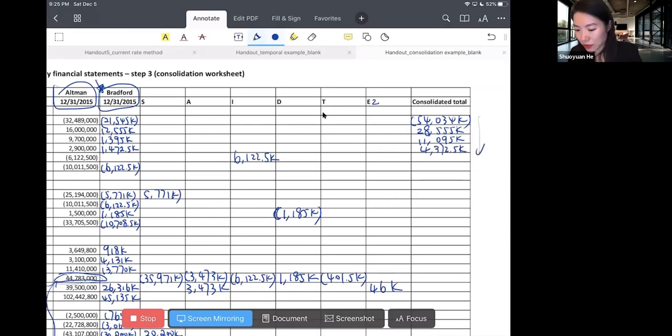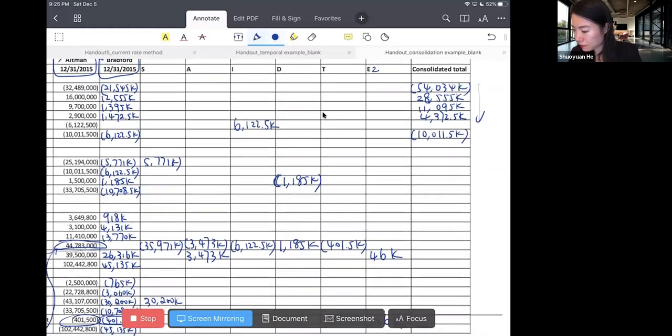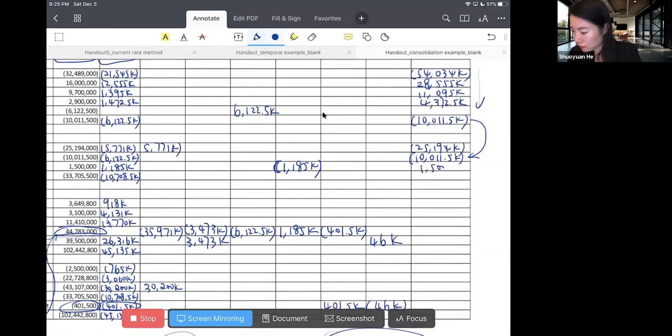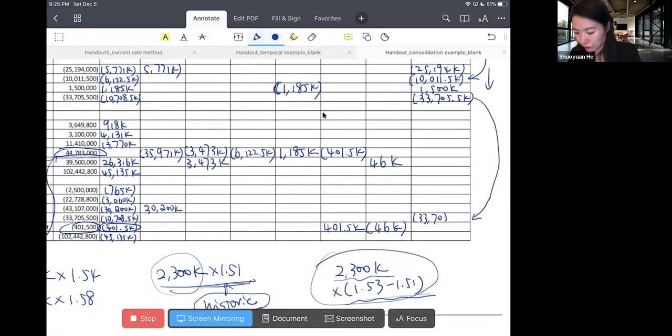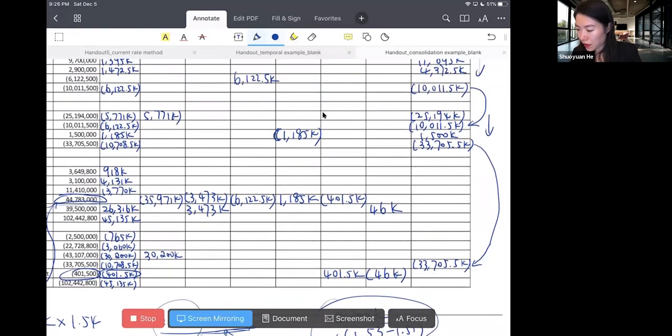And then we add up everything, and you're going to get the numbers on the balance sheet. Sorry.